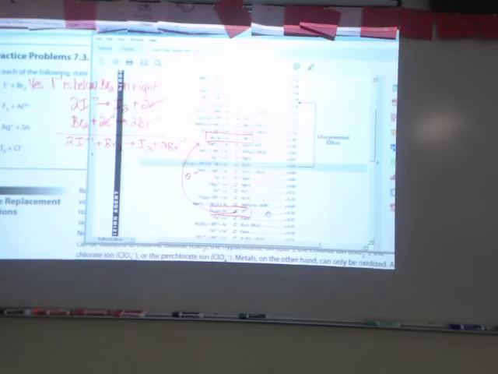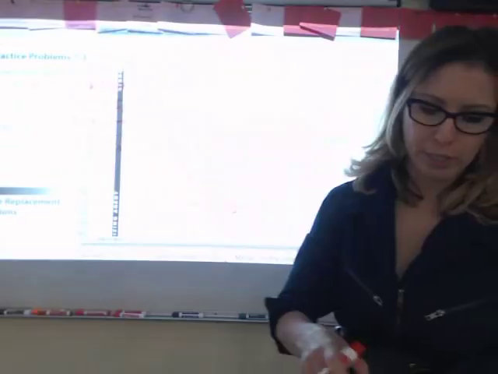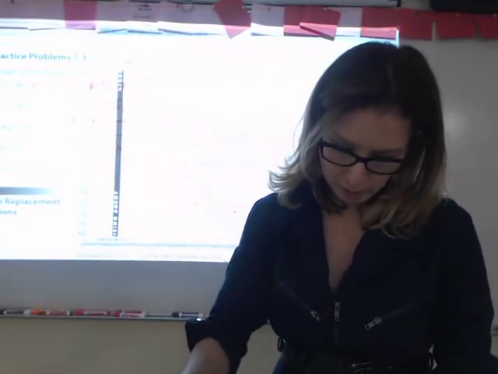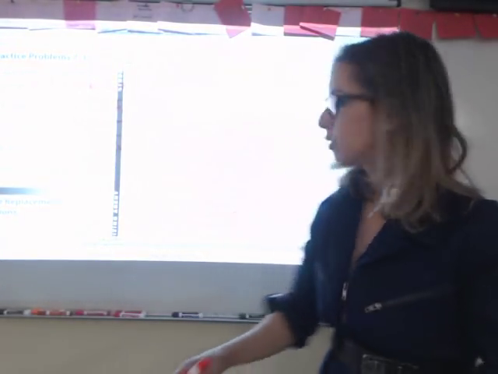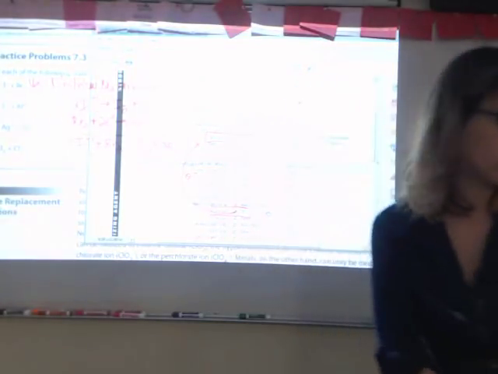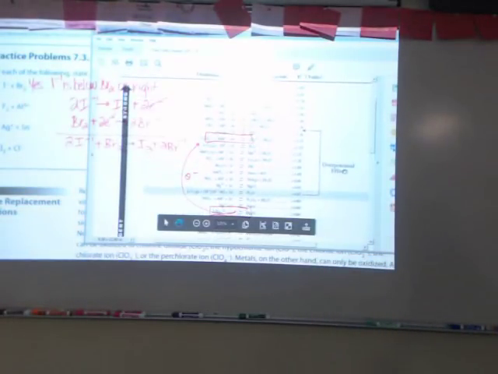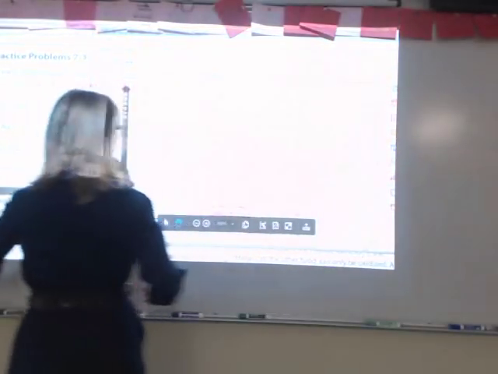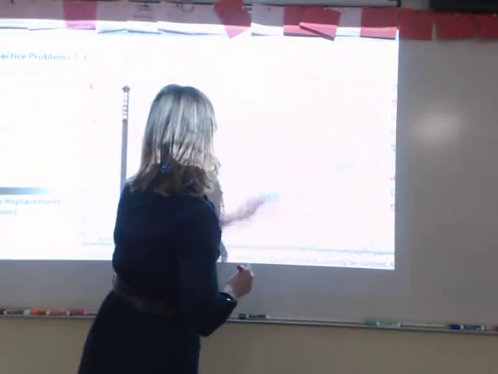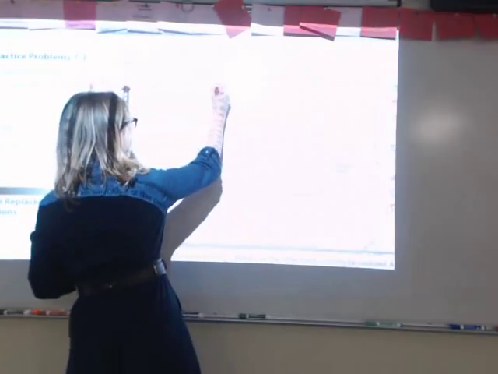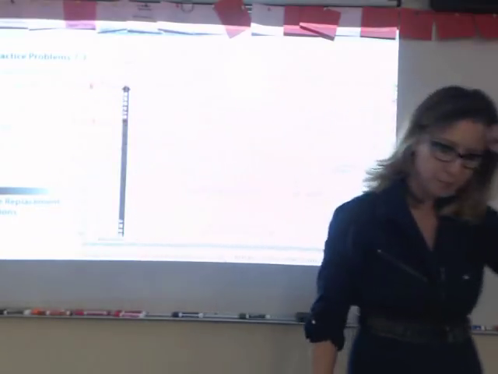Do you want me to do one more? Number 2, you're comparing F2 and Al plus 3. Okay, so we need to find those on the table. F2 is the very first one at the top.